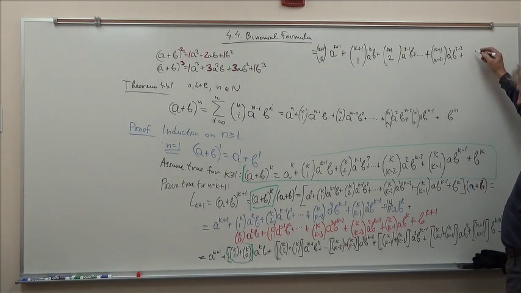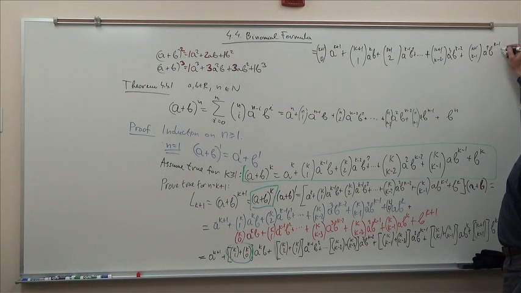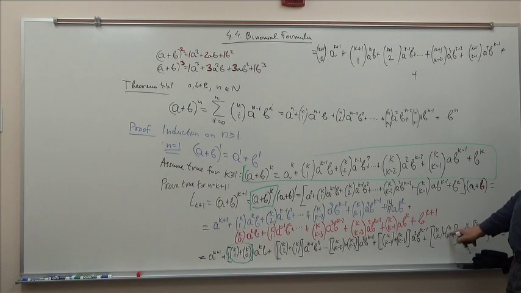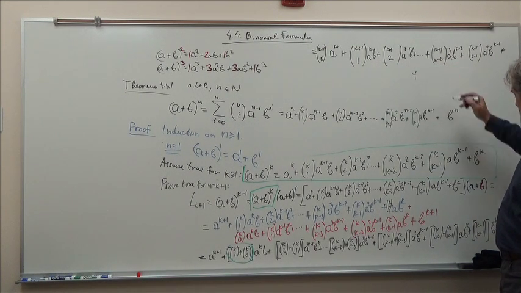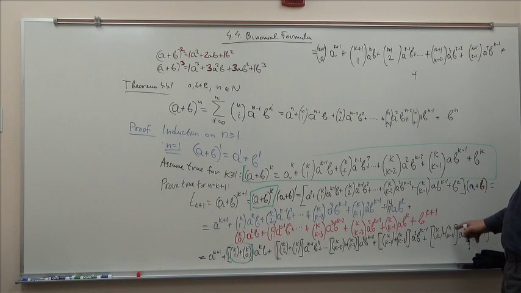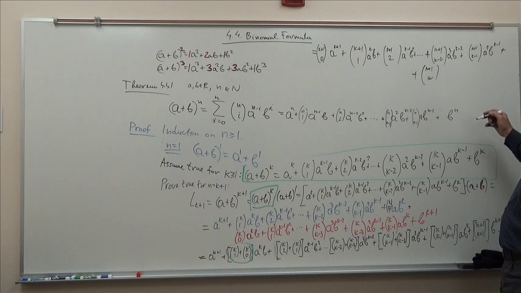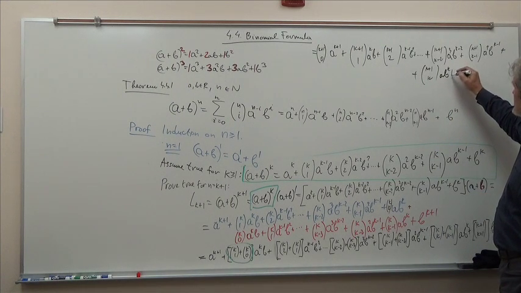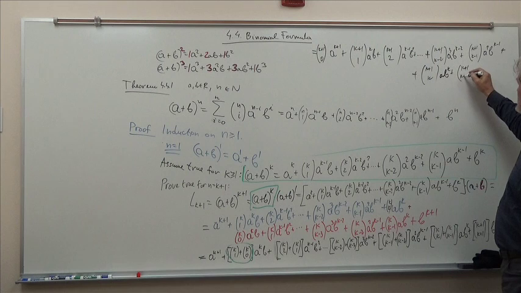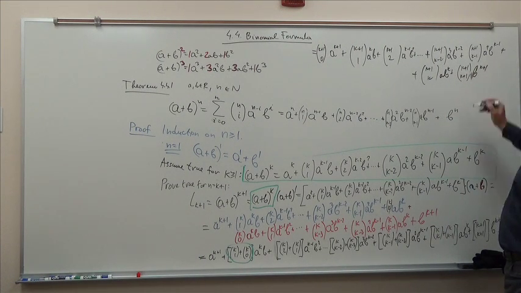Those two together are k plus 1 choose k minus 1, a squared b to the k minus 1, plus these two are k plus 1 choose k, the higher one, a b to the k, plus k plus 1 choose k plus 1, just b to the k plus 1.